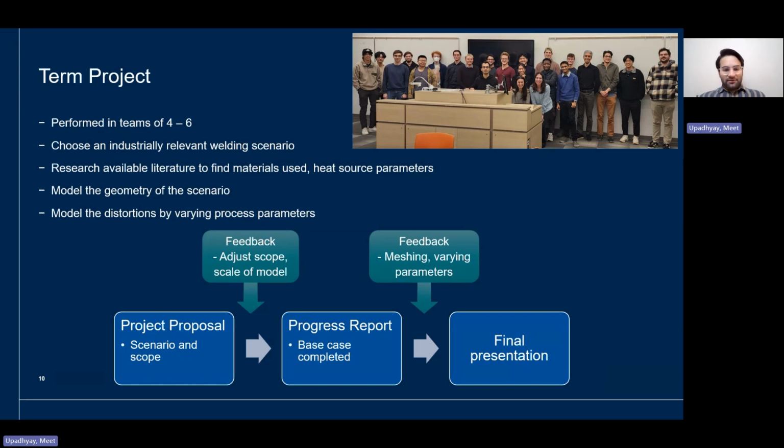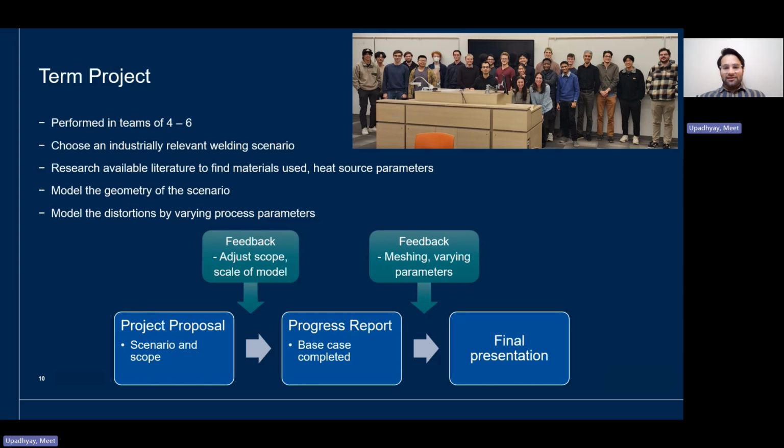So we help them come up with a project proposal and provide feedback afterwards so that they can adjust the scope and scale of the model. Students will always come up with a really large model with millions of elements, and it'll be really difficult for them to simulate something like that within the scope of the course.